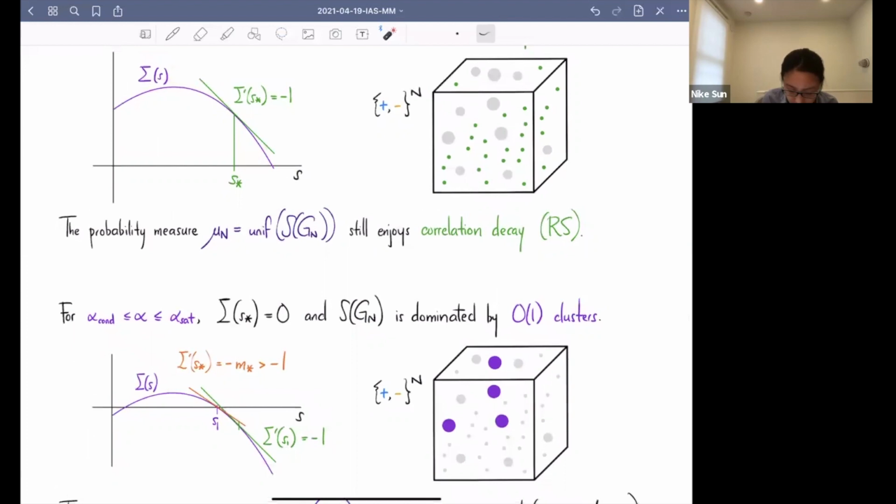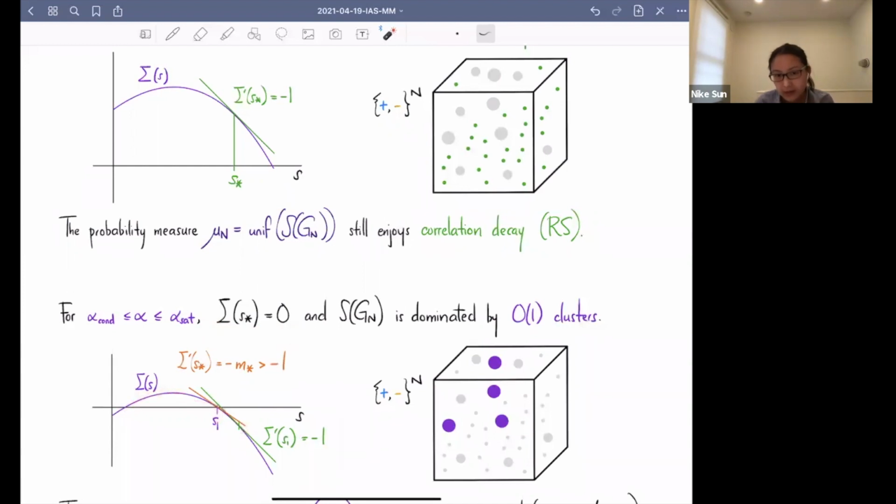The maximizer of S plus sigma of S, if you don't restrict to sigma being positive, will correspond to a negative value of sigma. So actually clusters of that size don't occur in the random system. The clusters that do occur correspond to this point here, the last point where the function is actually positive. So sigma of S star is equal to 0.